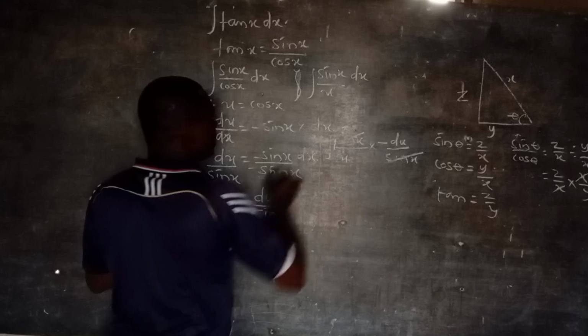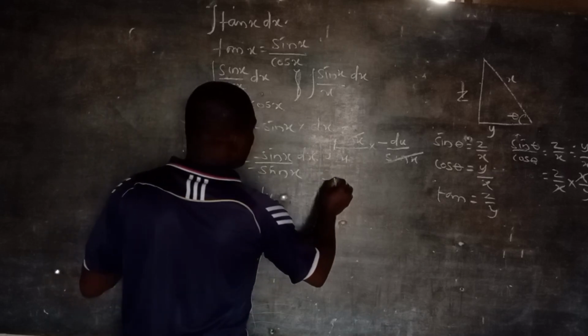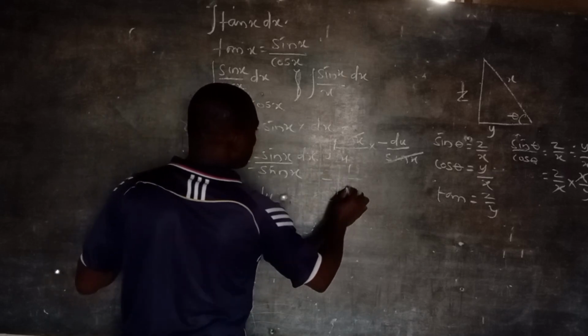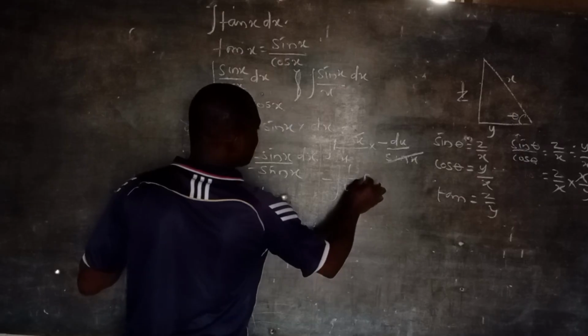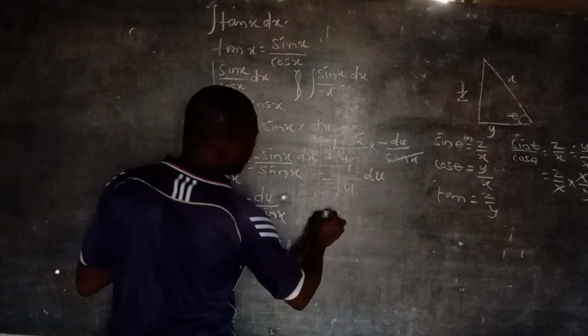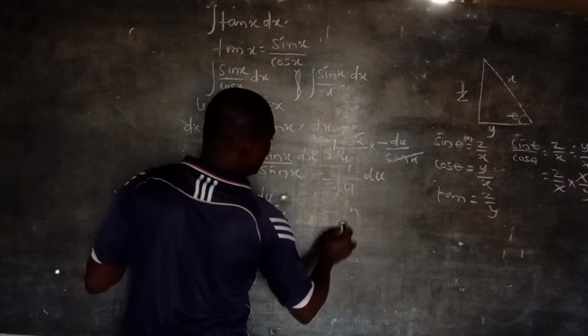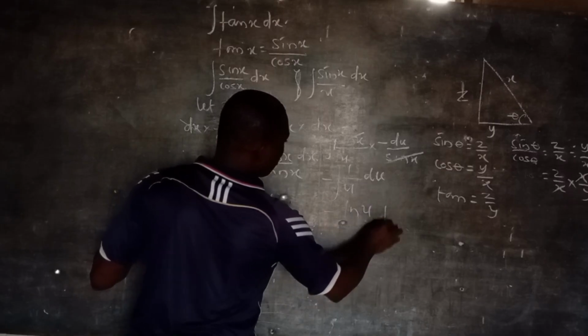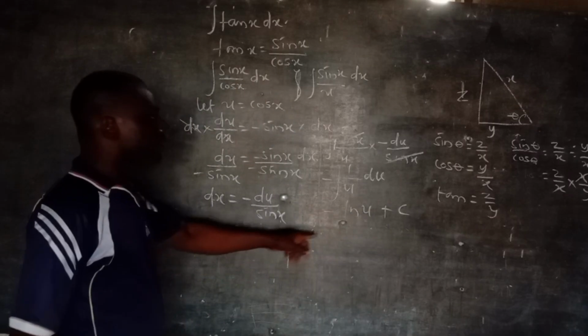So this will cancel this. We will now be left with minus the integral of 1 over u du. So now if we integrate, this will just give us negative ln u plus an arbitrary constant.